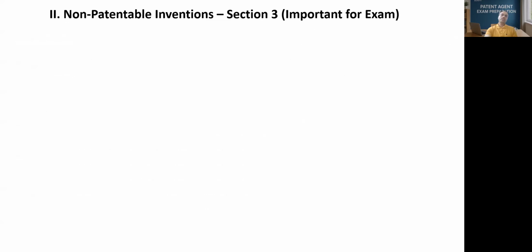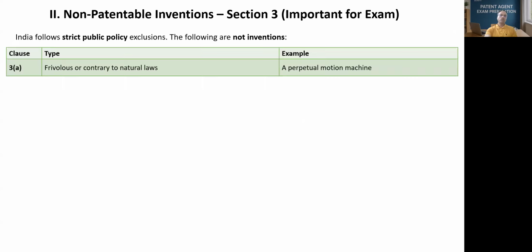Now there are certain strict exclusions. Even if your invention meets the three criteria of novelty, inventive step and industrial applicability under 21L, JA and AC, it still cannot be patented. So you should remember this; it comes up many times. We will discuss it again. Section 3A, in very simple language: frivolous or contrary to natural laws, like a perpetual motion machine.